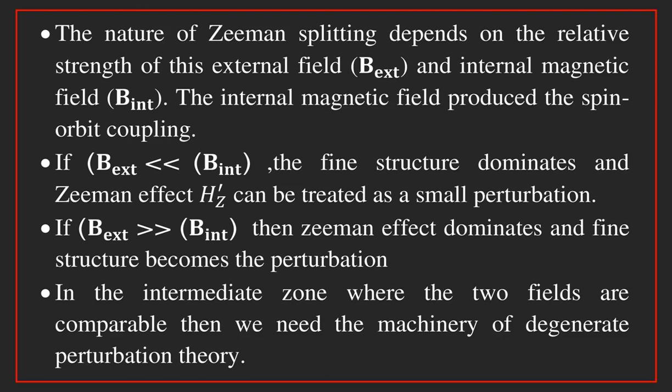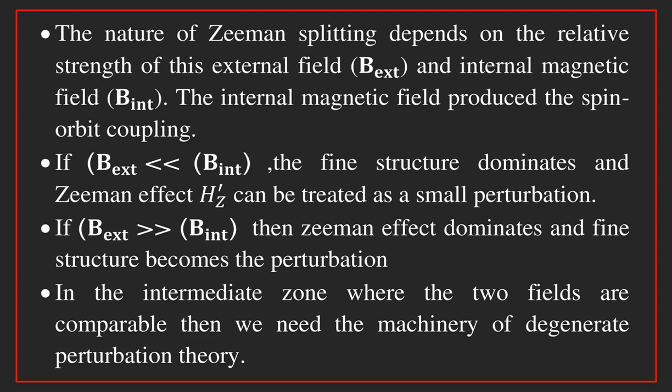Now, the nature of Zeeman splitting depends on the relative values of the external field and internal field. The external field is represented by B external, and there is an internal field. The internal field means, as we have already discussed in the last class, that the spin and orbital motion of the electron interfere with each other, producing a spin-orbit coupling.